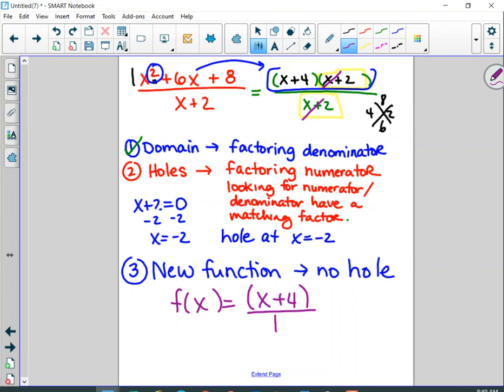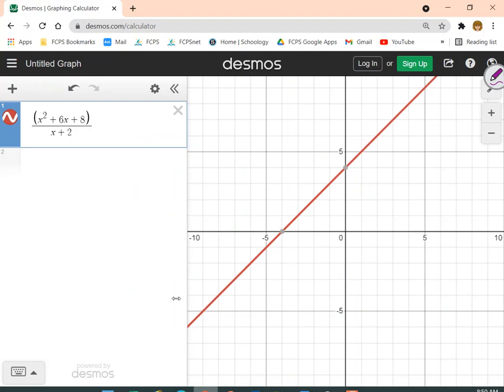The new function is going to be a friendlier version of the original function. The new function is our friend. The function without the hole tells us exactly what this function is going to look like. It looks just like the line y equals x plus 4, and that's what Desmos is showing me. If I graph the line y equals x plus 4, it graphs right on top of my red function.